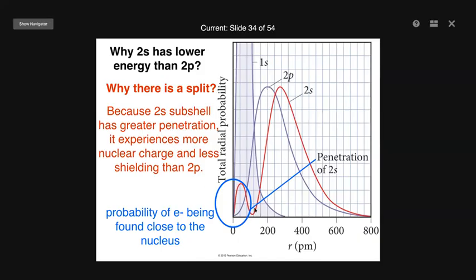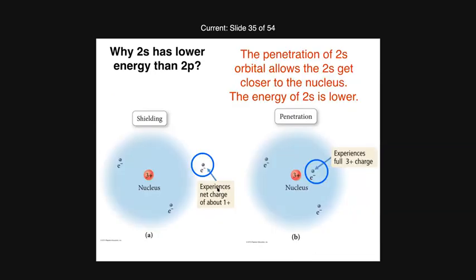Because it gets closer to the nucleus, it experiences a lot more of the charge from the nucleus, which makes it more stable. Here is another one you can write down: the penetration effect of the 2s orbital allows 2s to get closer to the nucleus, therefore the energy of 2s is lower. It's exactly the same as I explained earlier, just different wording.